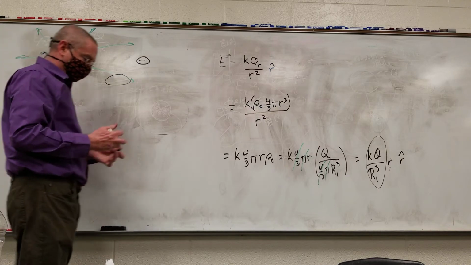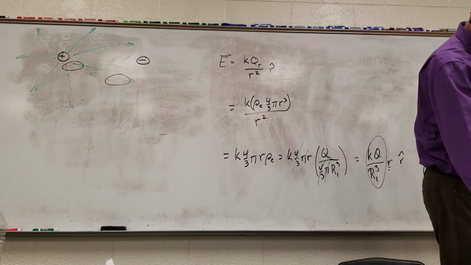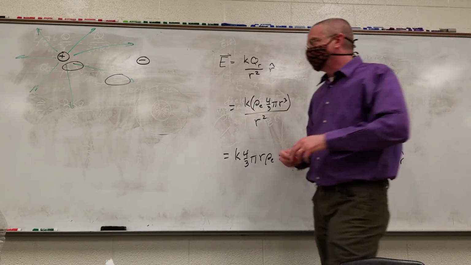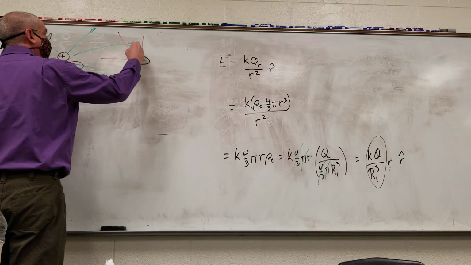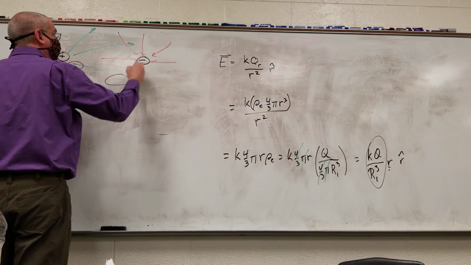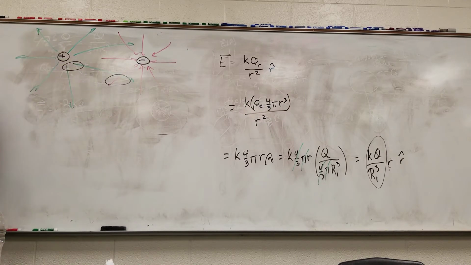The negative charge, what do we know about the electric field and negative charges? Go towards the center. So we have electric field going this way. Obviously stronger the closer you get to the negative charge.